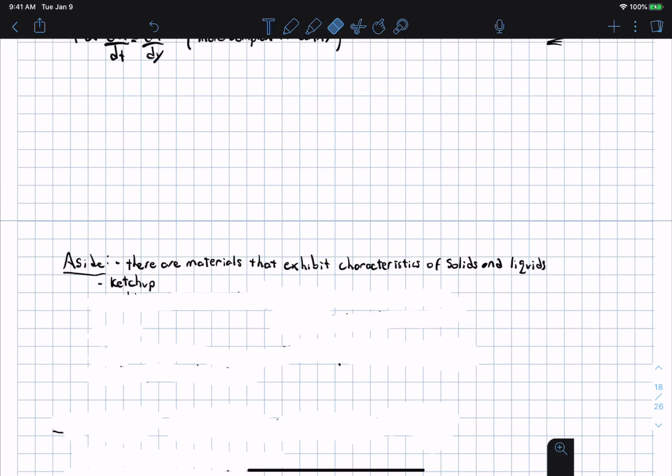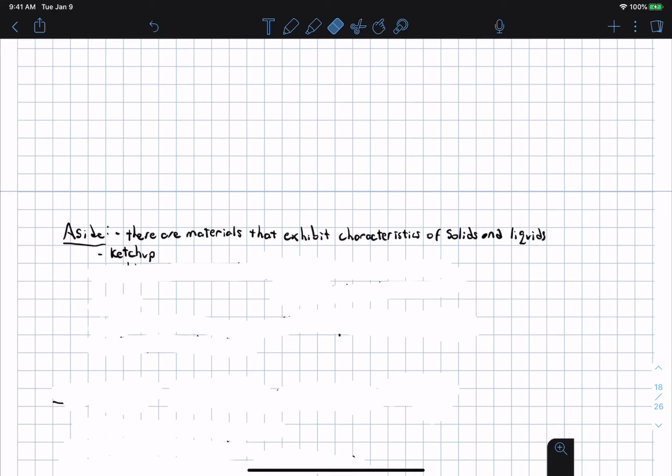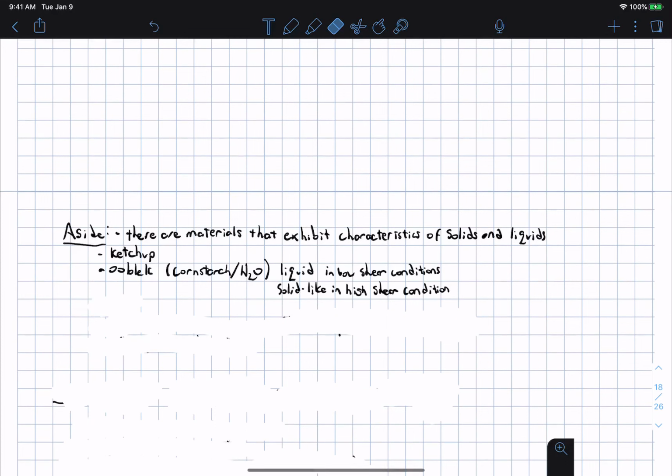The other one, you may have not heard the name, is Oobleck. Oobleck is that famous cornstarch and water mixture that you may have seen the Mythbusters play with. Oobleck behaves like a liquid in a very low shearing condition.